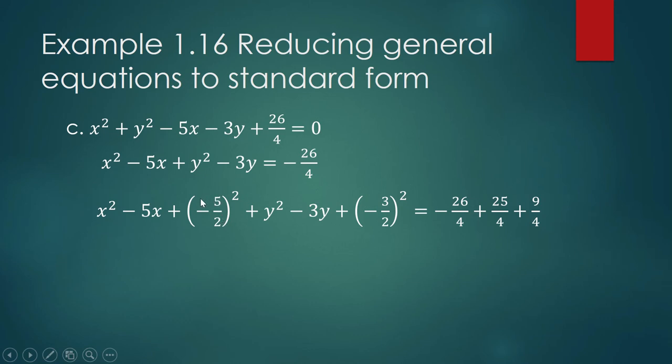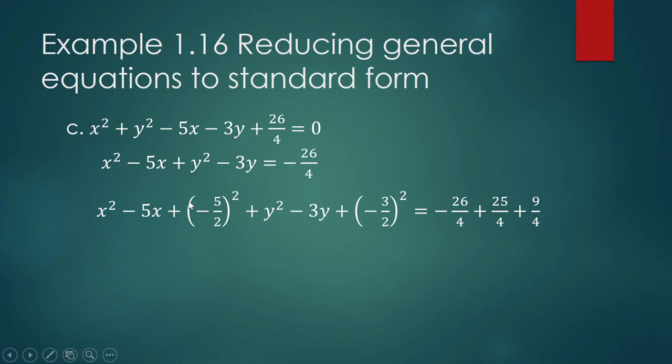That's fine, if you want to write this as -2.5, and this one is -1.5. But you can leave it as a fraction because we shall add fractions here. This one is written as a fraction, so it would be easier if you leave this as a fraction.